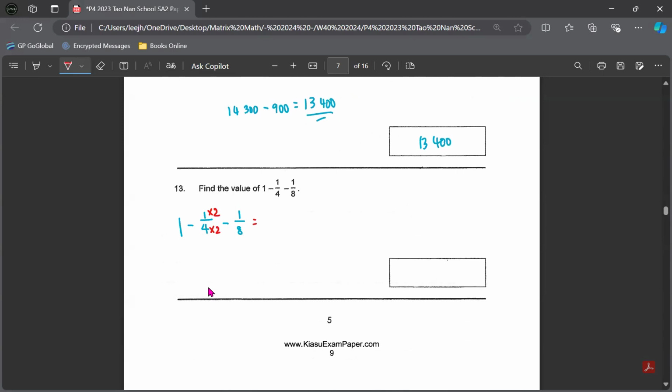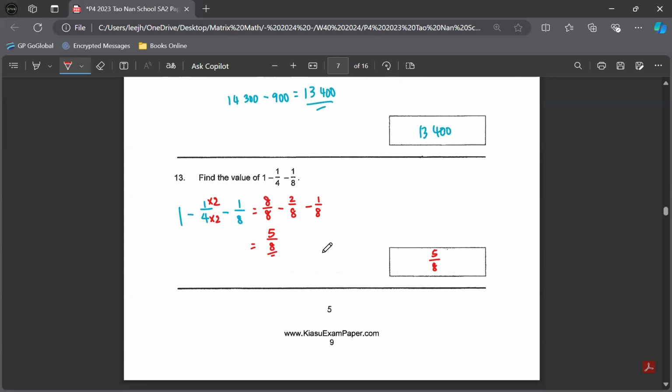So 1 whole, depending on the denominator, convert 1 whole to a fraction, which is actually 8 over 8. Minus, this will be 2 over 8, and minus 1/8. So 8 minus 2 minus 1 over 8, it is actually 5/8. This is your answer.